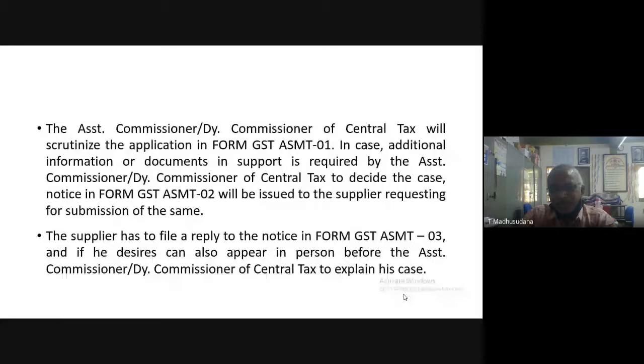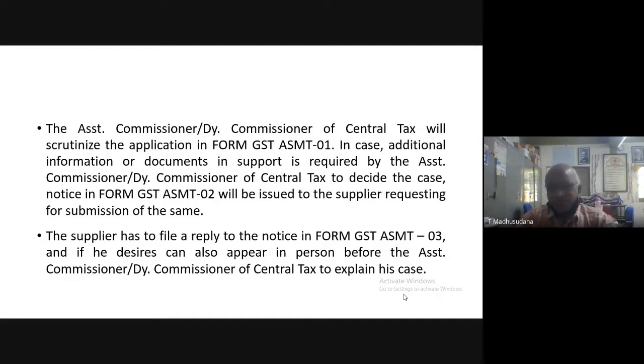The supplier has to file a reply to the notice in form GST assessment 03, and if he desires, can also appear in person before the assistant commissioner or deputy commissioner of central tax to explain his case.